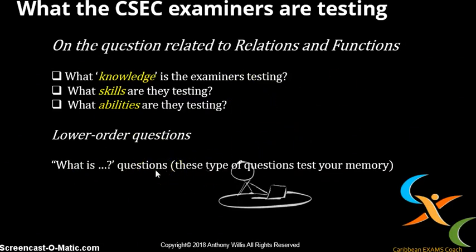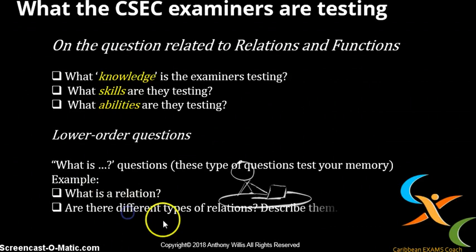These are the lower level questions, but you need to take out your textbook and convert headings and subheadings in your chapter relating to relations and functions into questions. Example: what is a relation? Are there different types of relations? Describe them. These are questions I'm helping you to generate, but you must generate questions on your own.